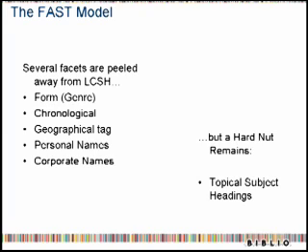I want to just mention briefly the FAST model, which is an interesting one. It looks at LCSH. It's some research that has come out of OCLC, and it takes LCSH and tries to strip away some facets from that data, including form, chronological information, etc. And I think it's an interesting model.